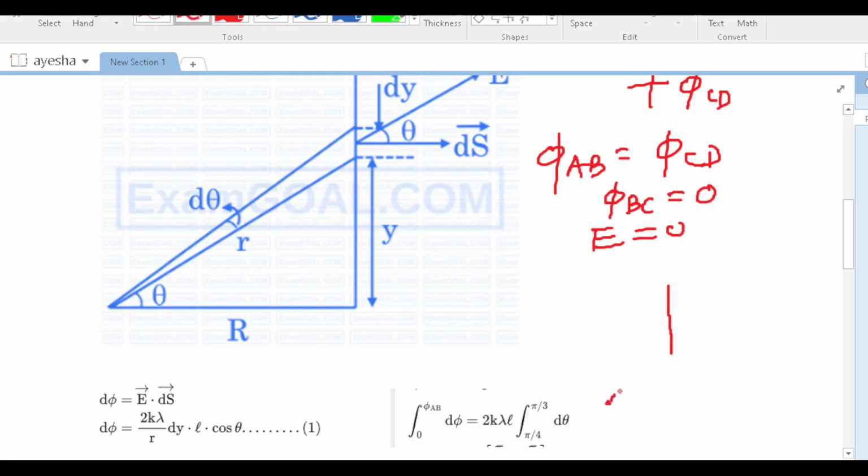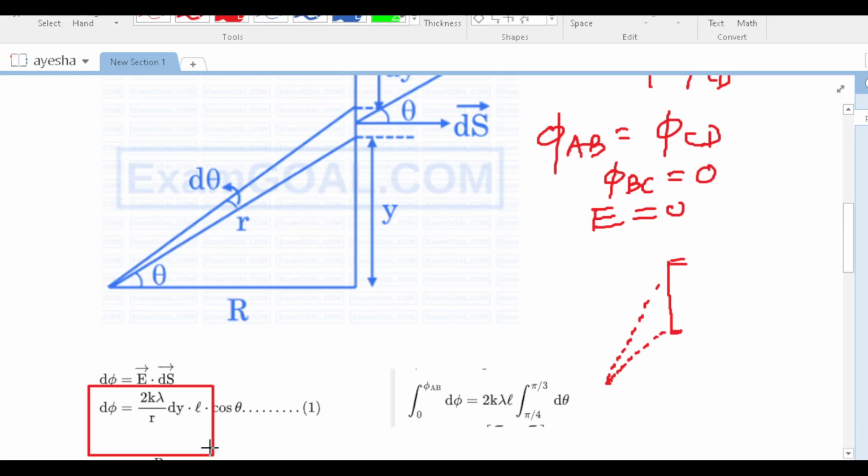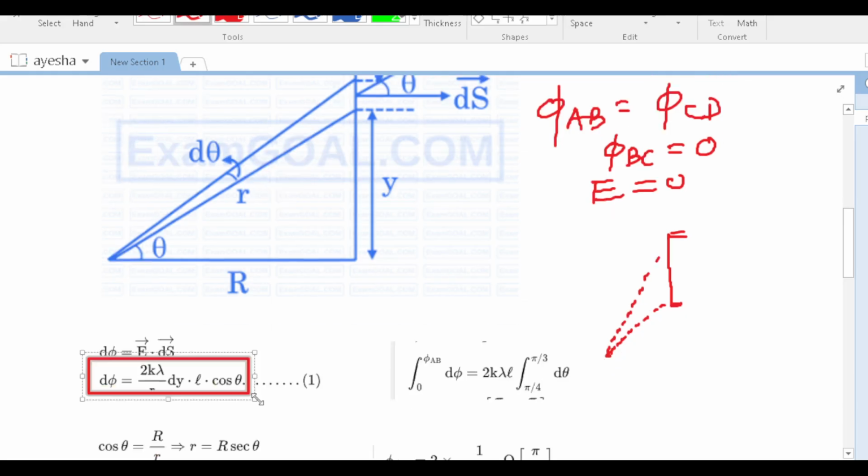Let me draw that here. If this is the line element I'm considering, there is a formula for that, and we can use that formula, which is this. We consider cos theta because only the horizontal component will survive, small r is the distance from the point of consideration to the element considered, and lambda is the charge density. K is 1 by 4 pi epsilon naught.